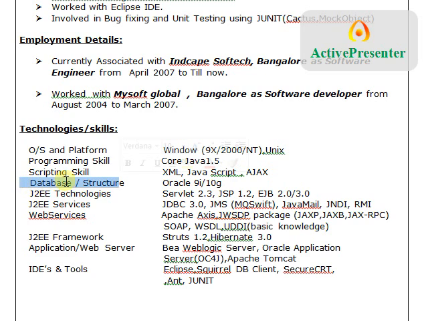Similarly, if you look at the database, Oracle 9i/10g, what has the person done in this? That is very important. As a developer, how has this person used the database? Even though servlets, JSP, EJB are mentioned, have all these been used by the candidate in the project, or have they just been used in the project?